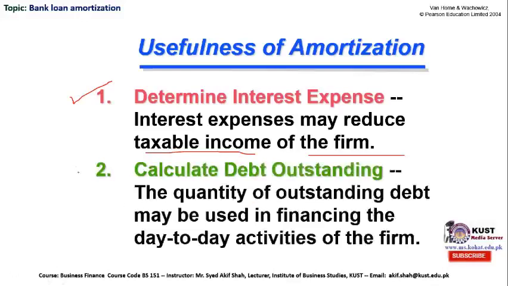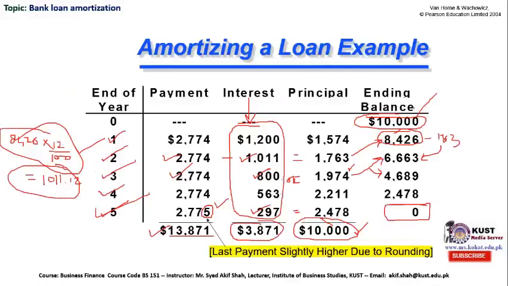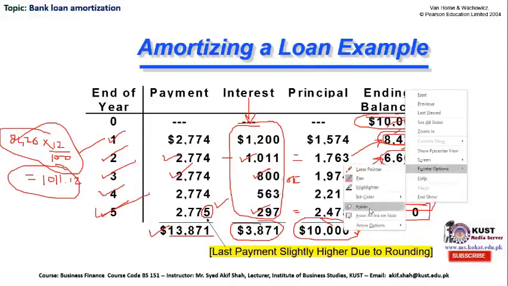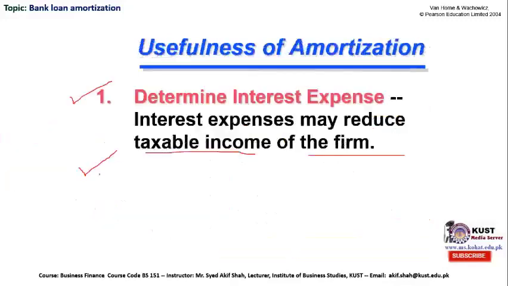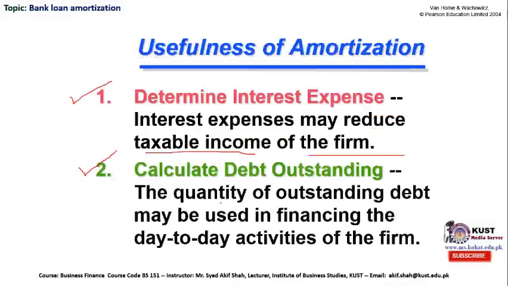And secondly, we have calculated the debt outstanding. That is to mean that at the end of each year, we know step by step how much principal amount is remaining at the end of each year. This is the second benefit of the loan amortization table. The quantity of outstanding debt may be used in financing the day-to-day activities.